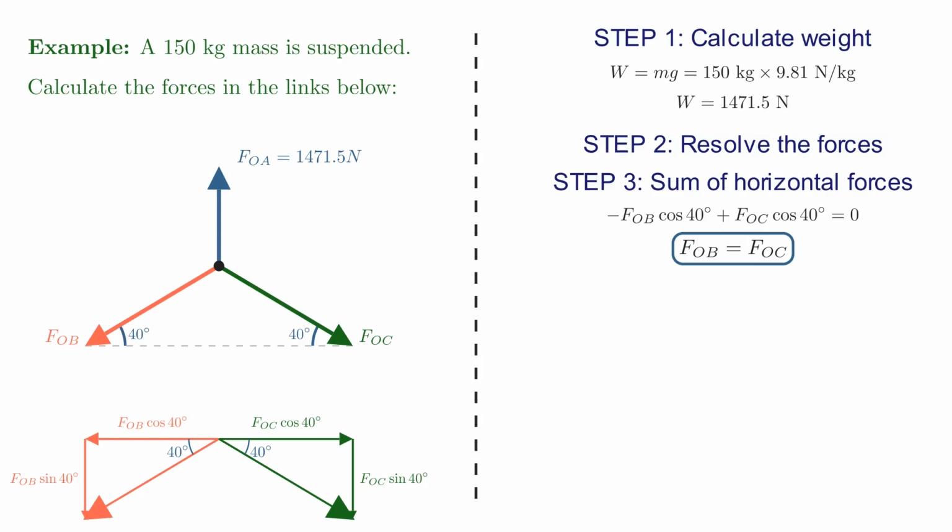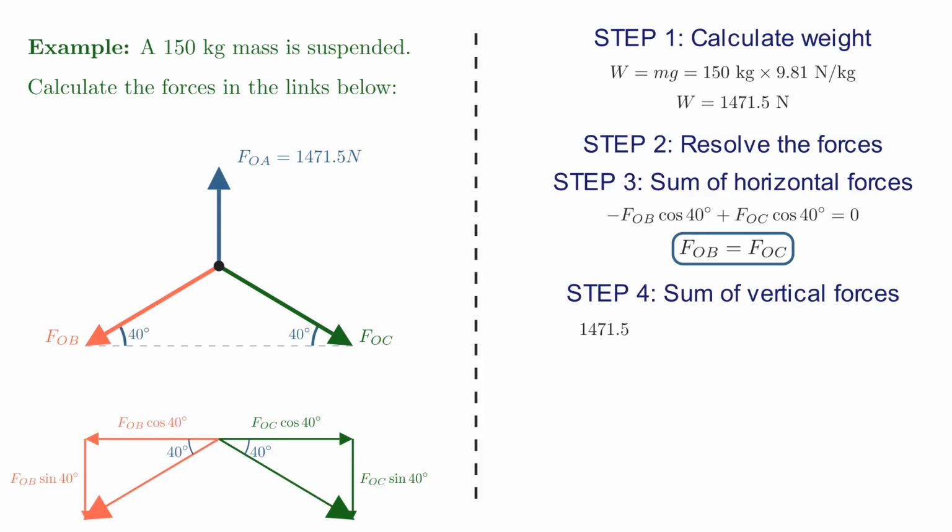So we can now take the sum of the vertical forces, so we know these also have to add up to 0. By convention, anything going up is positive, and we take anything going down as negative. So going up, we have our tension from the weight, the 1471.5 newtons.